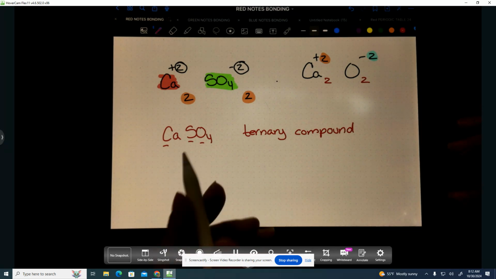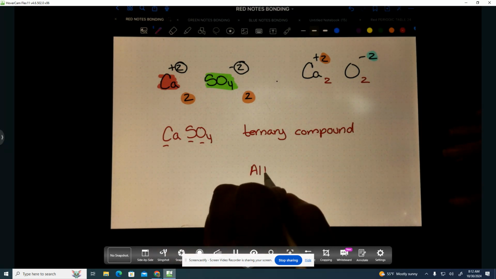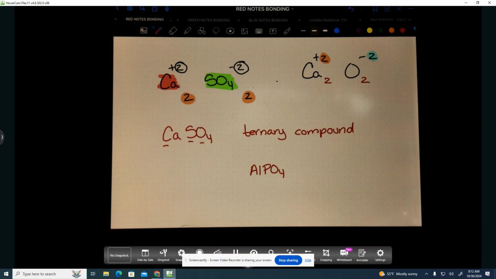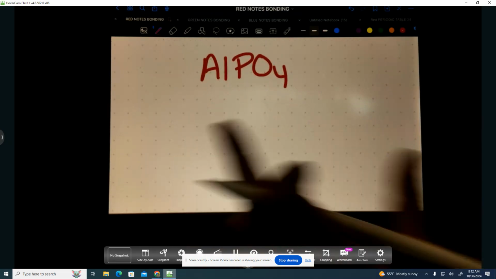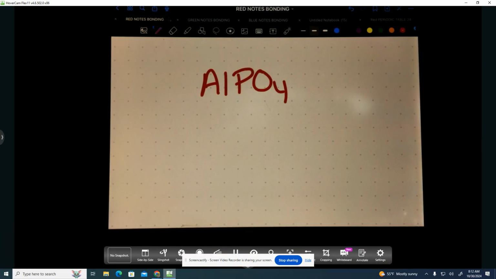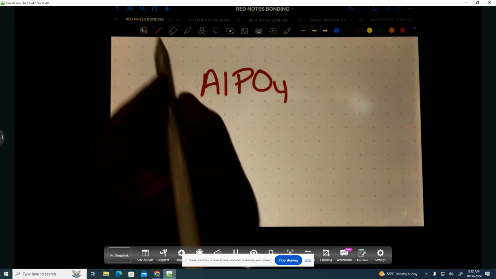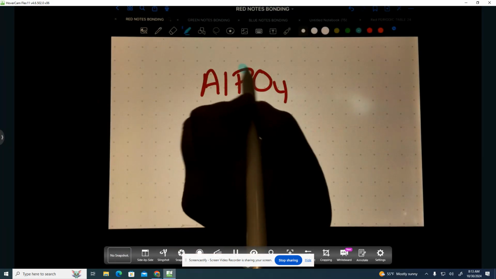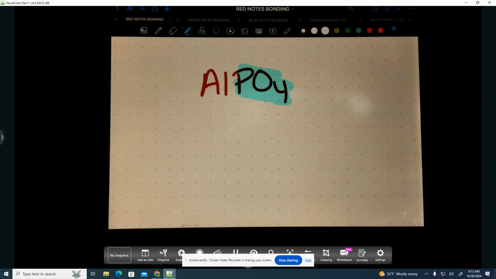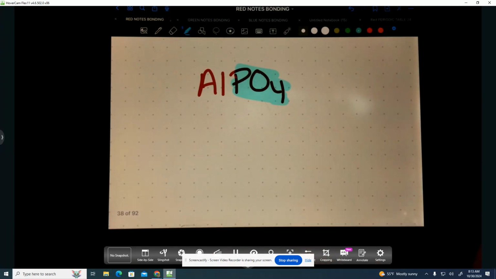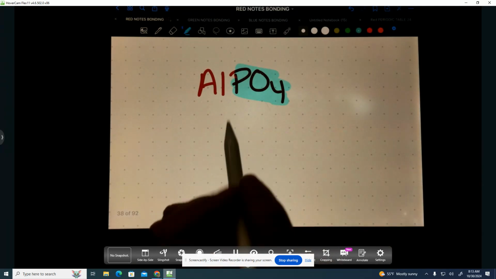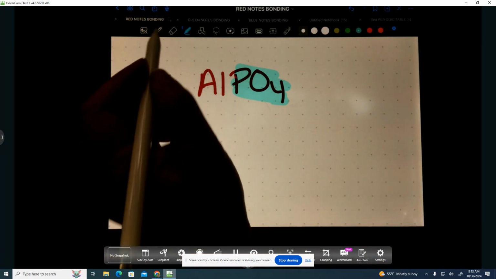Because if I write down something like AlPO4, it's a ternary compound. Where's the polyatomic ion? PO4. Okay, this is the polyatomic ion. That 4 belongs to the PO. So, all right, let's name this.